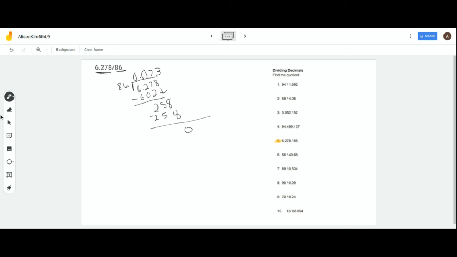I'm sorry for the sloppiness. So our final answer will be that 6.278 divided by 86 is 0.073. Where you put the decimal point and all the numbers have to align with each other. That is very, very important, okay?